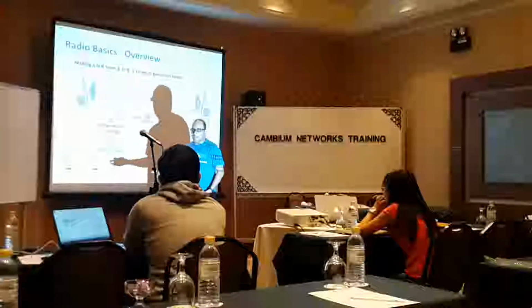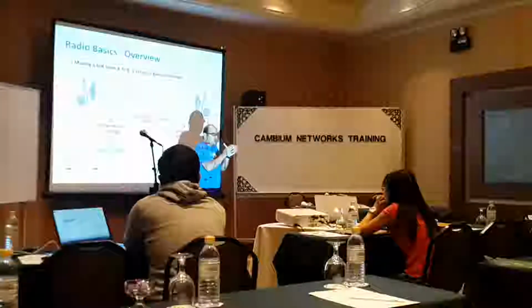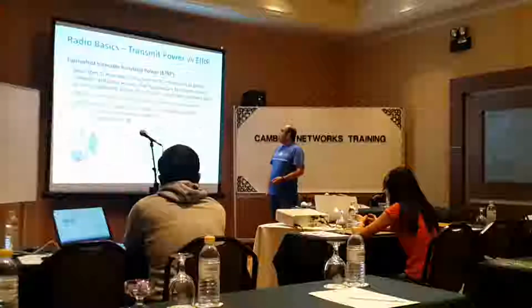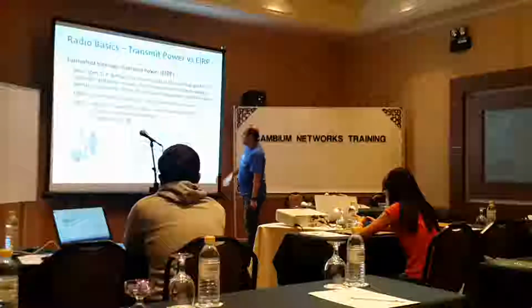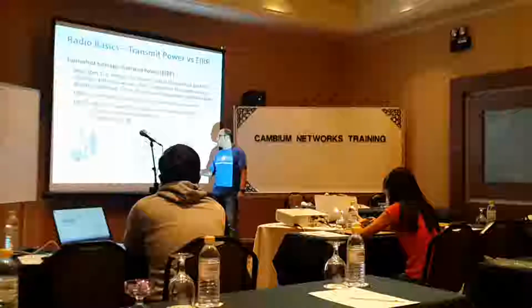When the antenna gain is high, it means it's more directive, the beam width is narrower. So EIRP means TX power plus antenna gain minus cable loss.